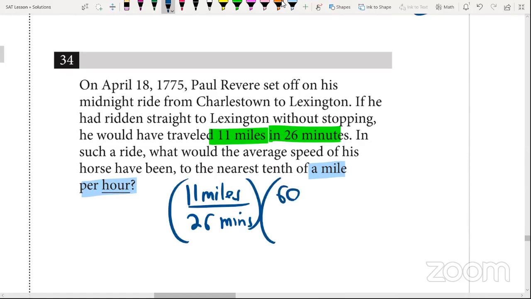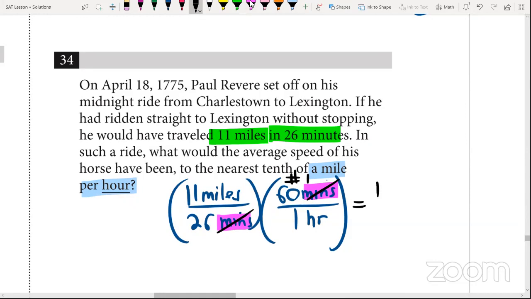and there are 60 minutes in 1 hour. And like we always say here, this whole fraction on the right is equal to just the number 1, because 60 minutes and 1 hour are the same thing as each other. So it's a fraction with the same values on the top and the bottom. It's just the number 1. Now we could have said 60 minutes over 1 hour or 1 hour over 60 minutes, but we purposely put the minutes on the top because it's going to cancel. The units cancel just like a number or a variable.